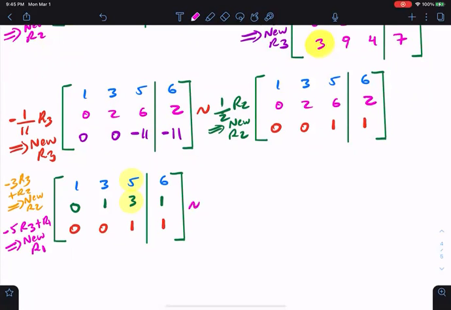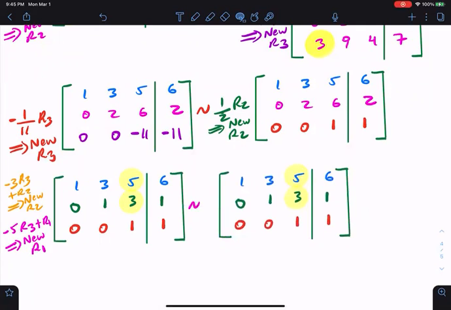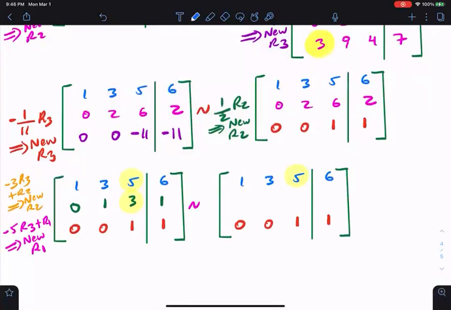Okay, so let's do this. This computation, copy, paste. Now what's changing? Everything in row 2 will change. So negative 3, row 3 plus row 2.